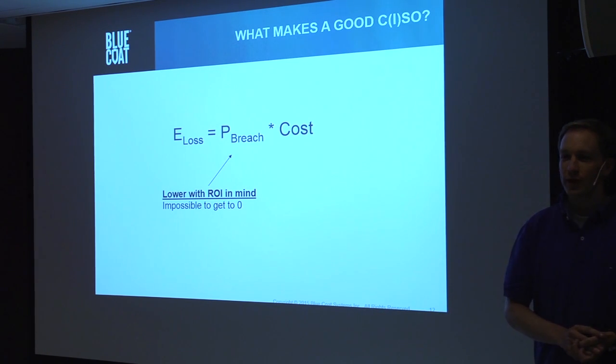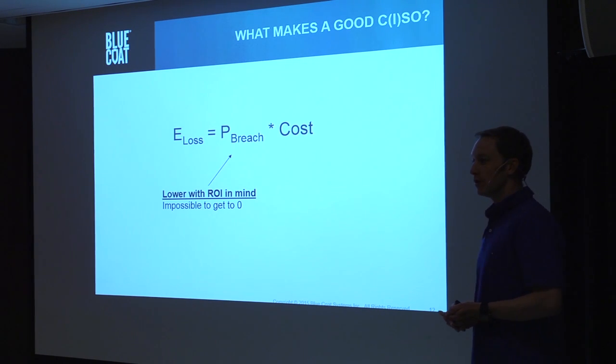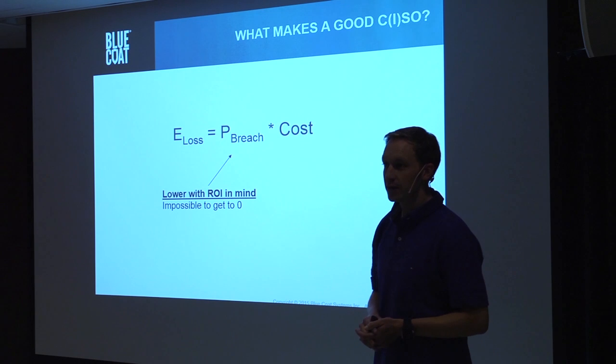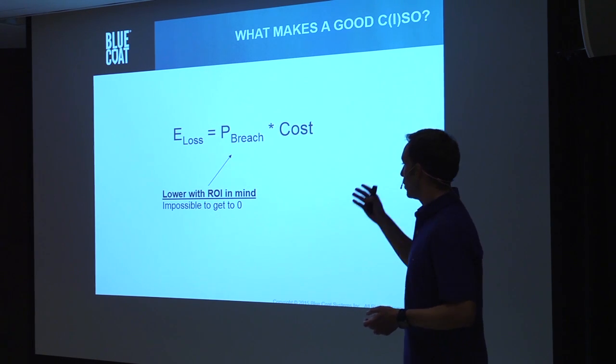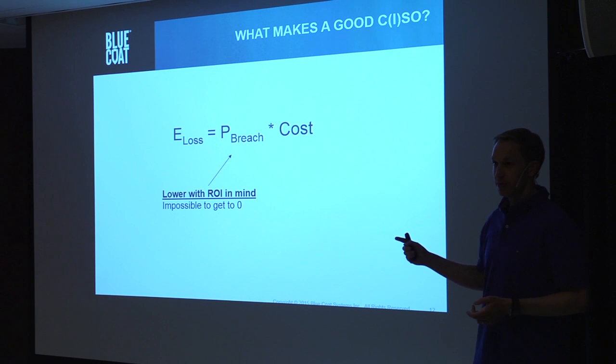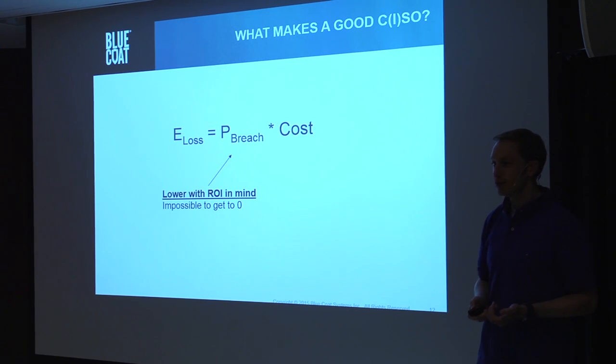And you are willing to invest lots of resources, lots of budget on actually achieving this. The problem is, if you want to lower this probability, let's say from 1% to 0.5%, you have to invest quite a lot, and you will never be able to get to a probability of 0. There's always a chance that you will be breached.